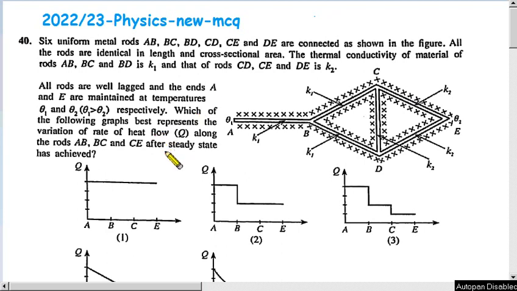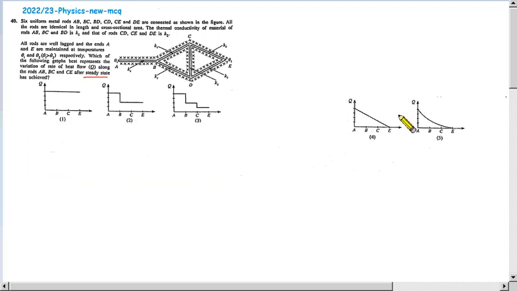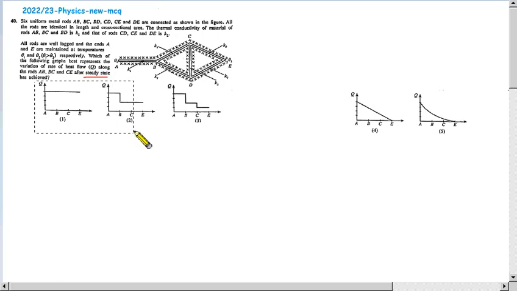So they have given that it is at steady state. Children, first of all let us move these graphs to a side so that we get room to discuss the question.